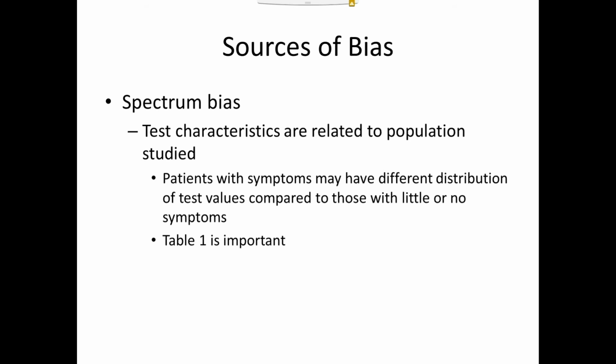So some comments on potential sources of bias in studies of diagnostic tests. Spectrum bias, perhaps for diagnostic tests, is one of the main sticking points. The characteristics of the test are related to the population being studied. So patients with different levels of symptoms may have different levels of test value compared to those with little or no symptoms.